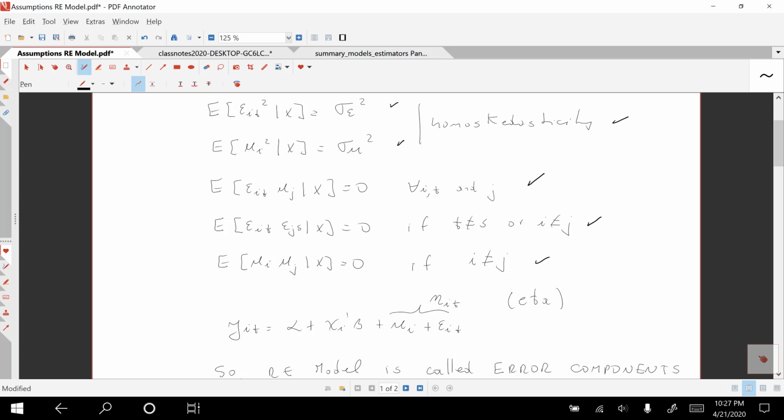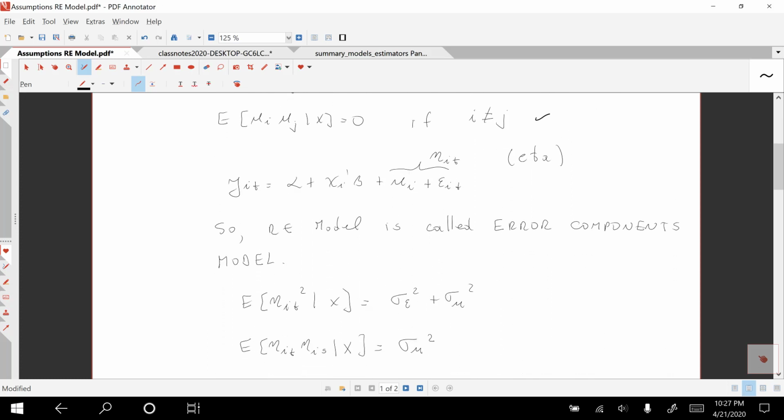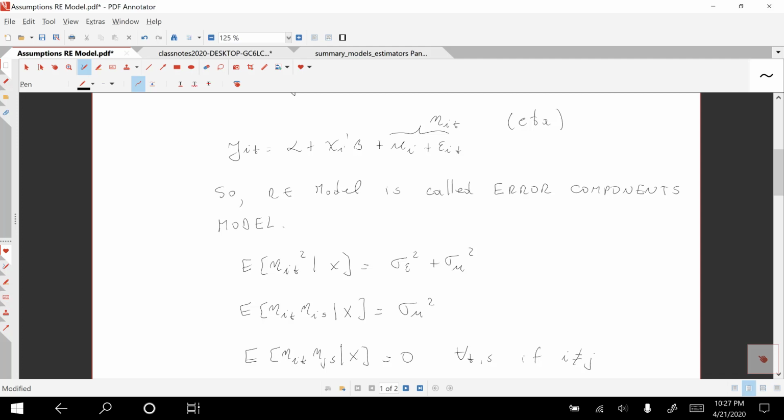Things get a little bit more complicated here in terms of the autocorrelation assumptions, due to the fact that we have two types of errors. Now, one way to think about the random effects model is sometimes called an error components model, because we can use this eta.